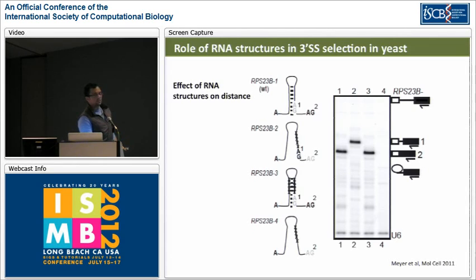If they recover the structure by doing compensatory mutations, they recover splice site 2. And if they remove the structure but also delete the AG, since this AG now is far away from the branch site, the splicing is not occurring anymore. So the structure seems to be compatible with the recognition of the splice site.